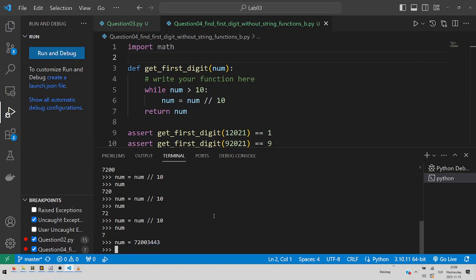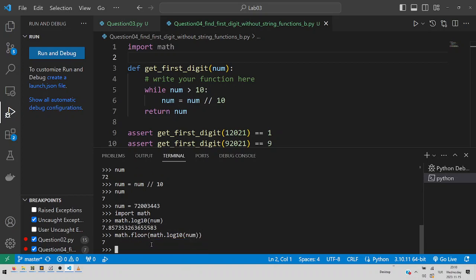I'm importing math, and this is actually a mathematical trick. math.log10(num) gives us approximately how many digits: 1, 2, 3, 4, 5, 6, 7, 8. Then I floor this one.